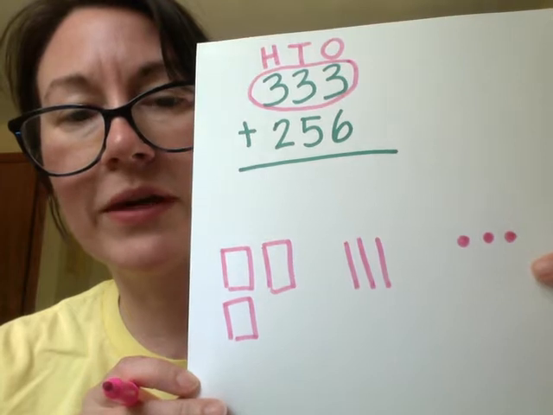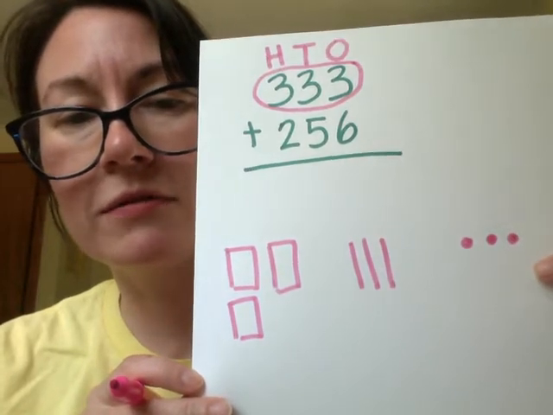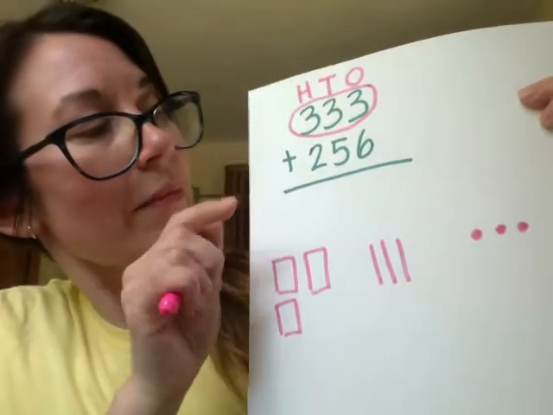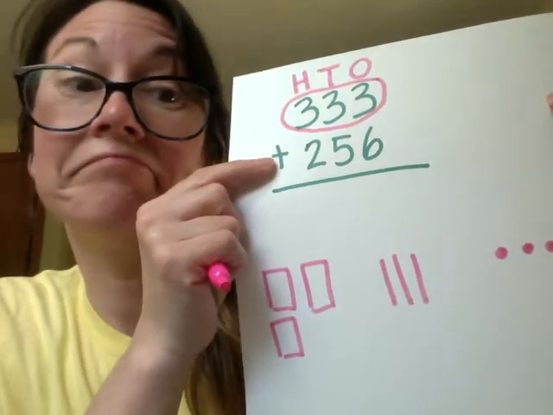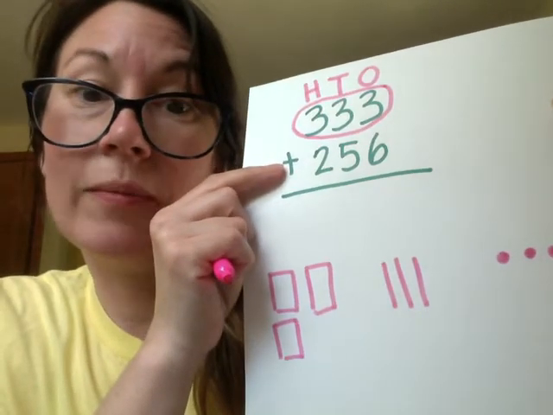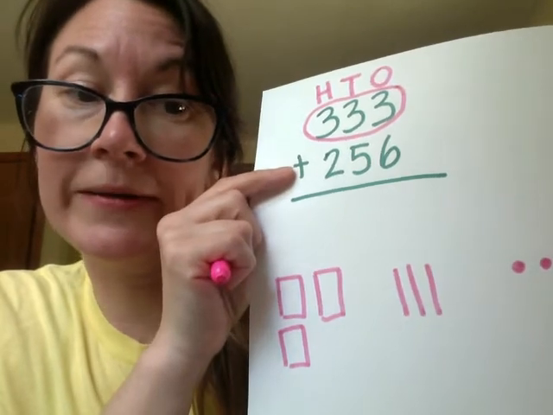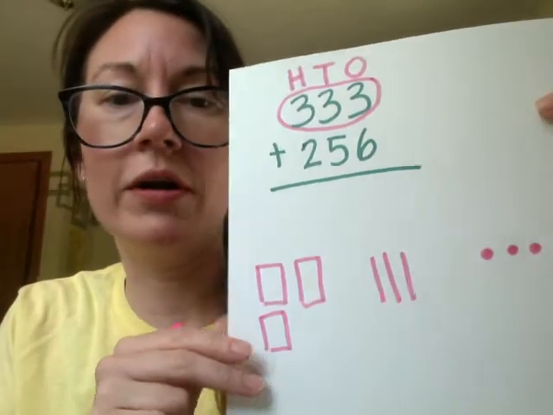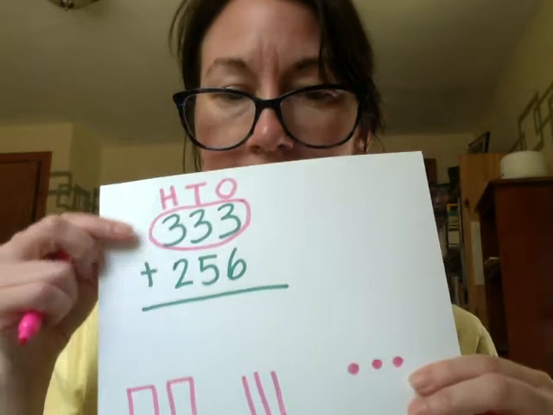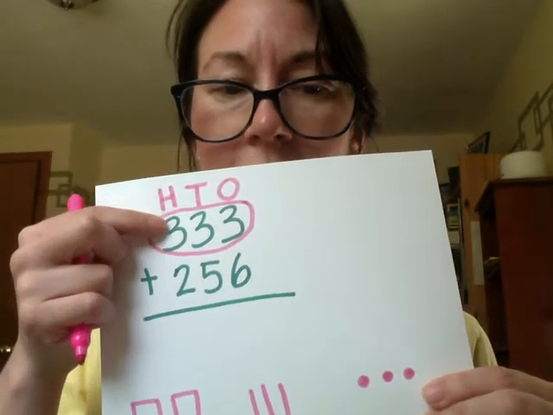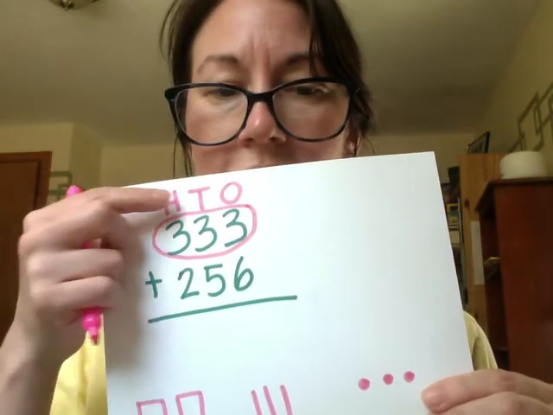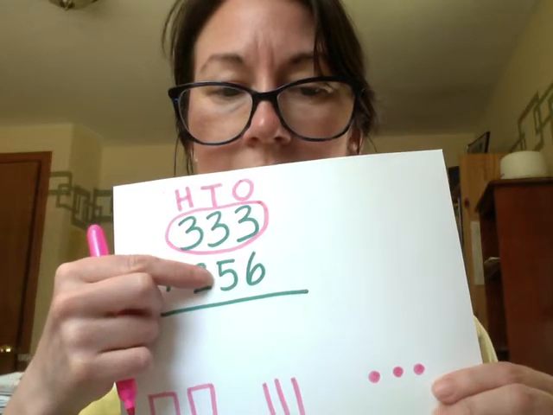Well, let's see. I'm going to put on 2 hundreds, 5 more tens, and 6 more ones. Look at how I just used my finger to follow down where I marked it. And I already circled that bigger number, so I know that I'm not going to draw that one. I'm going to draw this one.